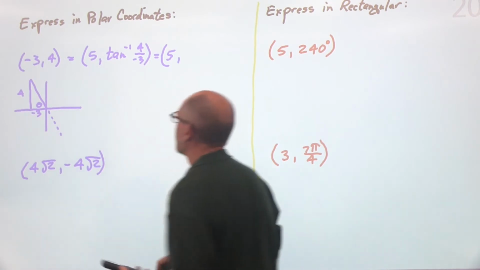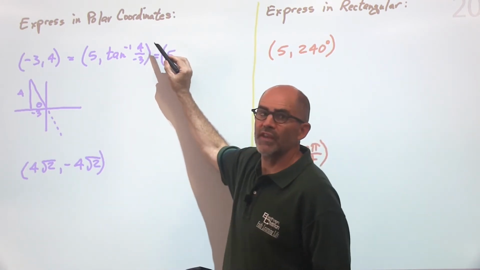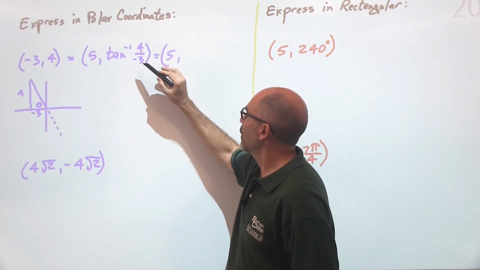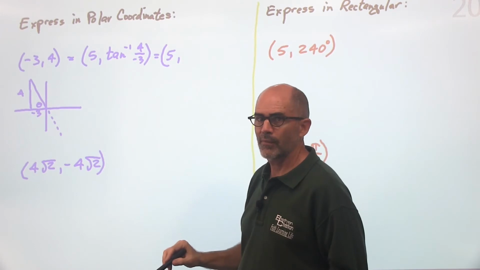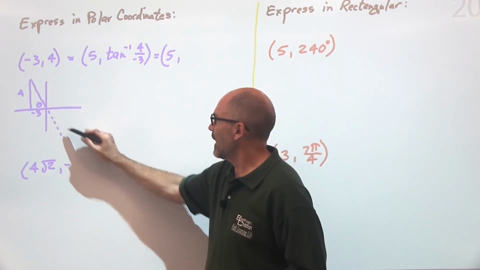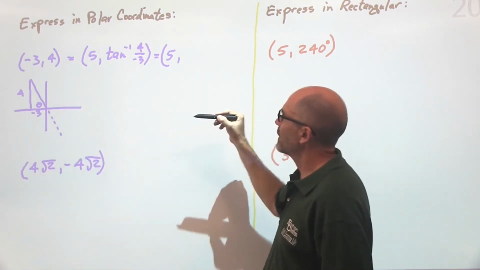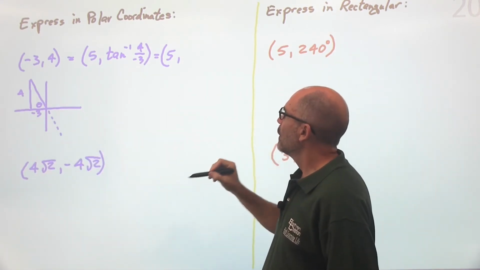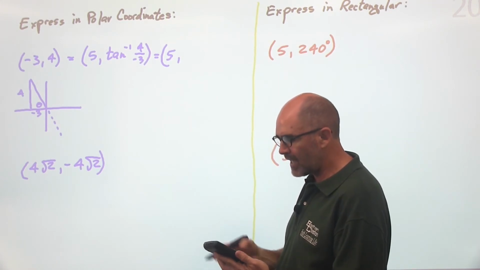That's down there. Well, the problem with your calculator is it doesn't know the difference between positive 4 over negative 3 or negative 4 over positive 3. So it basically gave you the angle down here, but you want the angle up there because you know it's left 3, up 4. So you have to add 180 to this angle in your calculator to get it up there.